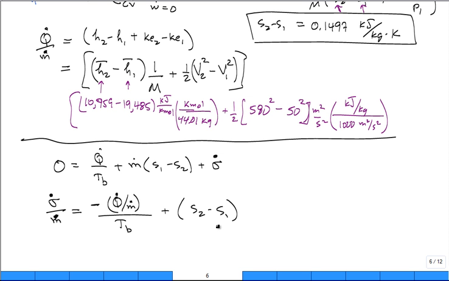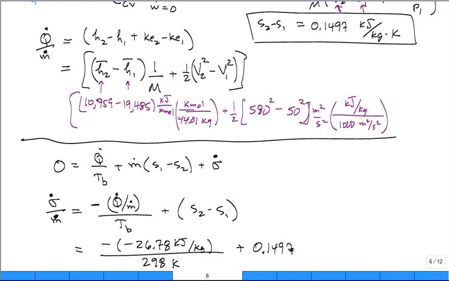And so I'm glad we computed the Q dot divided by M dot using the sign convention. So that's negative of a negative 26.78 kilojoules per kilogram divided by my 298 Kelvin boundary temperature plus the change in entropy we just calculated, 0.1497.